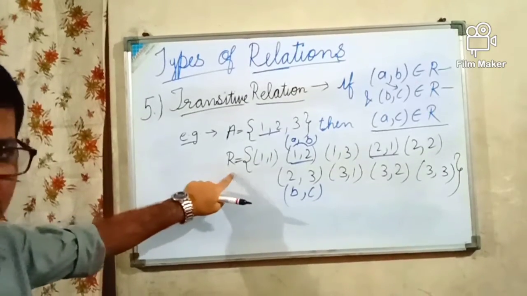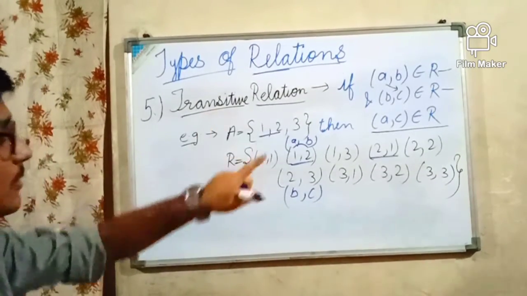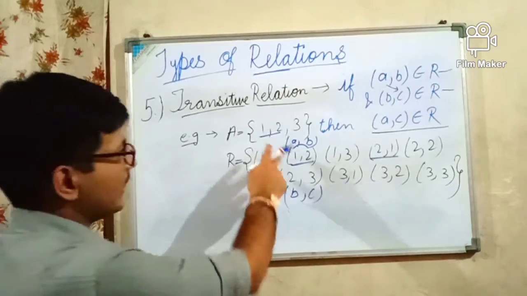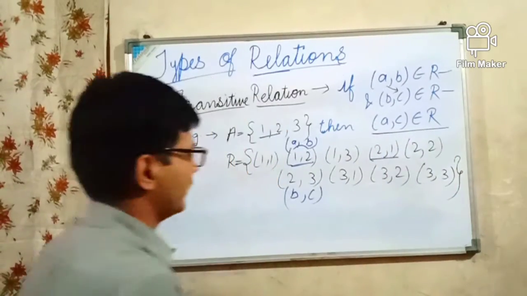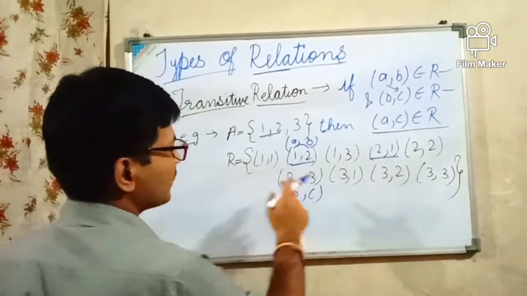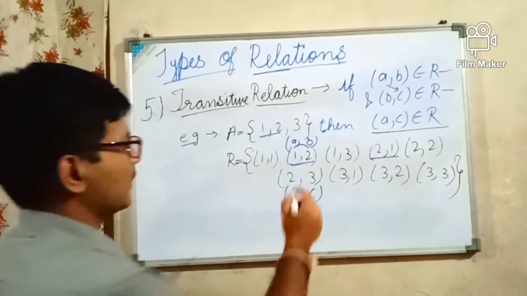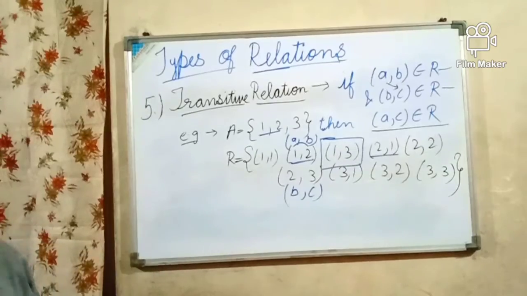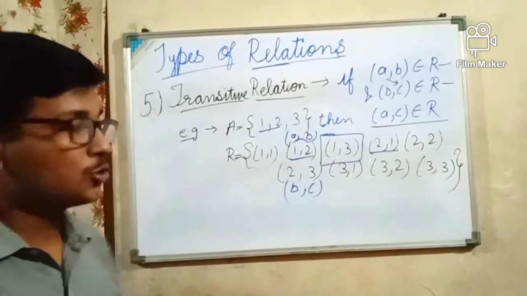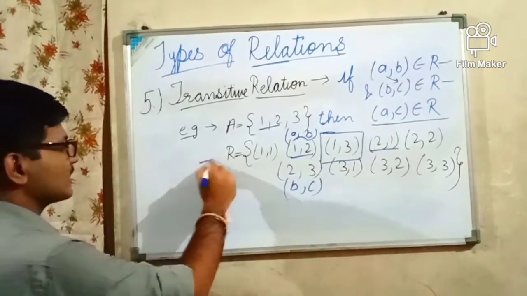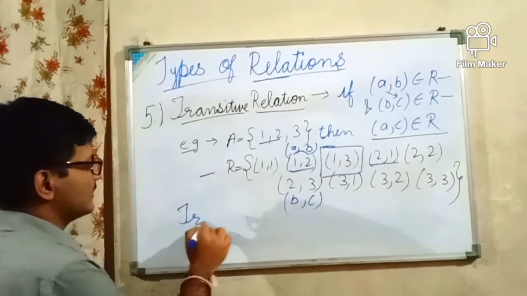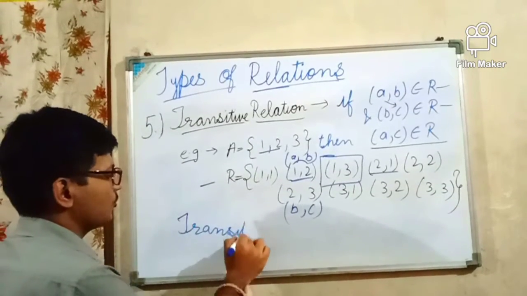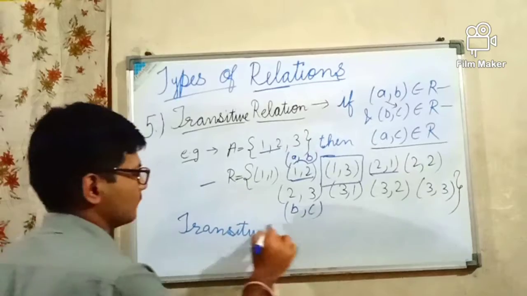For this relation to be transitive, ये relation तब transitive होगा अगर (a, c) R को belong करेगा, means (1, 3) भी R को belong करना चाहिए, and here we have (1, 3) which belongs to set R. So we say that this relation is known as the transitive relation.